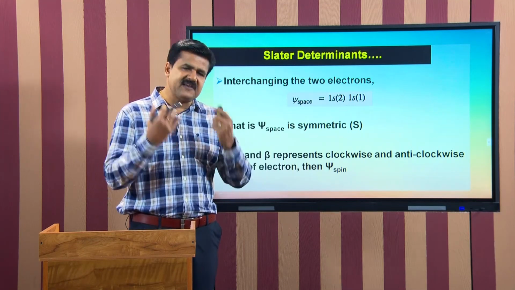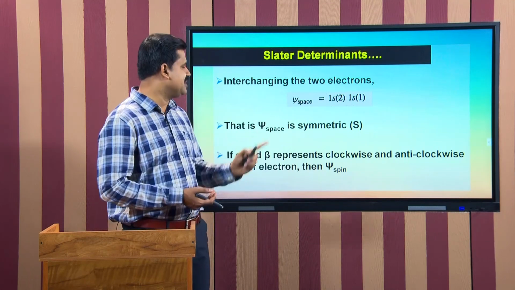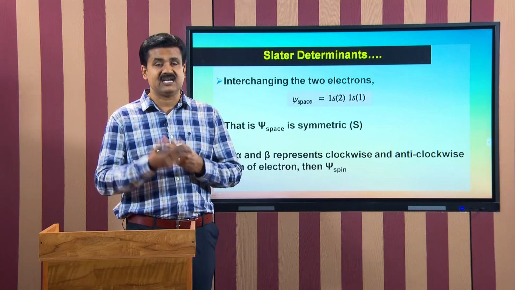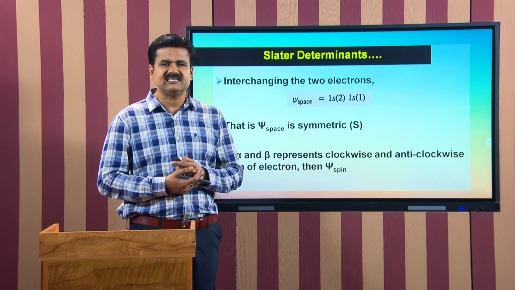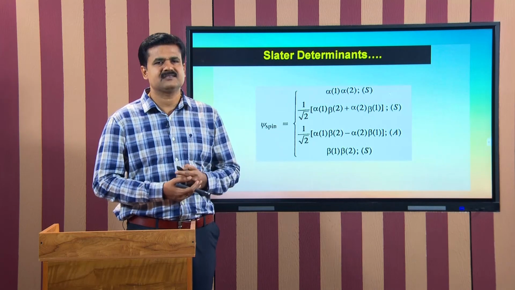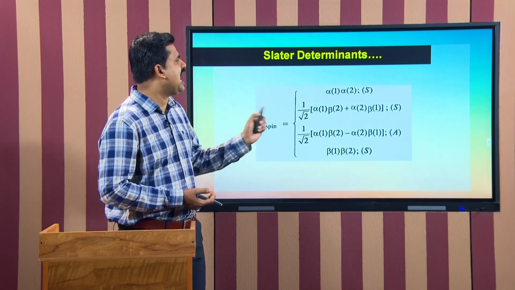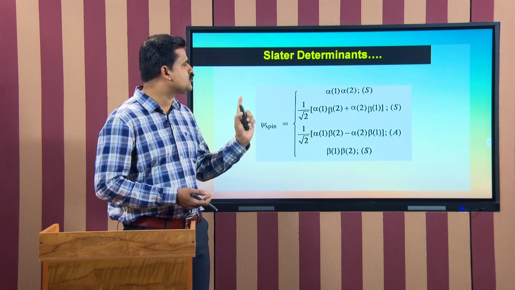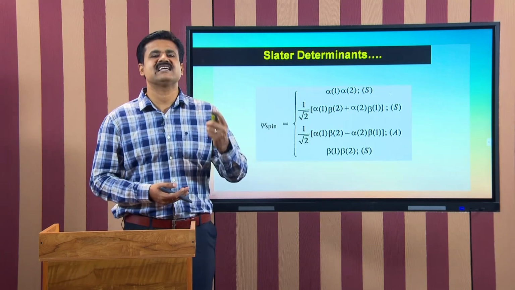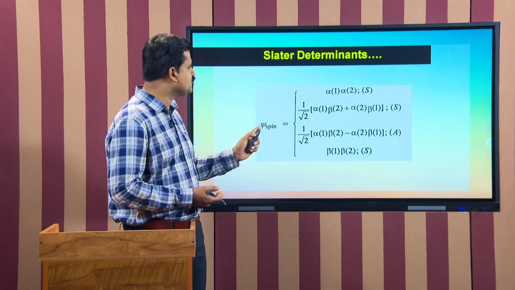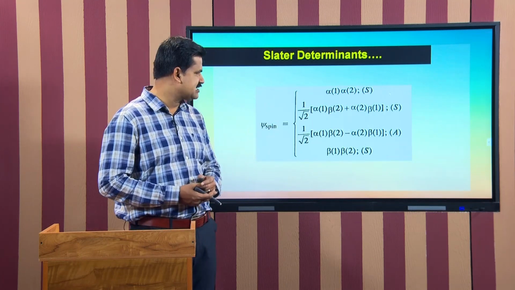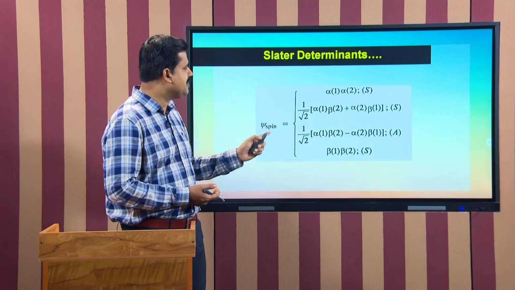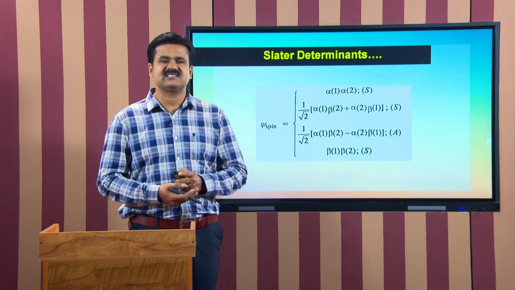However, if we consider alpha and beta, which represent clockwise and anti-clockwise spin of the electron, then we can write psi spin as alpha 1 alpha 2, which is symmetric; 1 by root 2 into alpha 1 beta 2 plus alpha 2 beta 1, which is again symmetric; 1 by root 2 into alpha 1 beta 2 minus alpha 2 beta 1, which is antisymmetric; and beta 1 beta 2, which is symmetric.